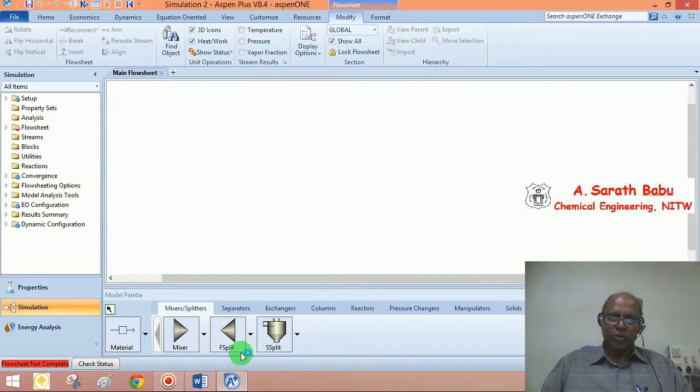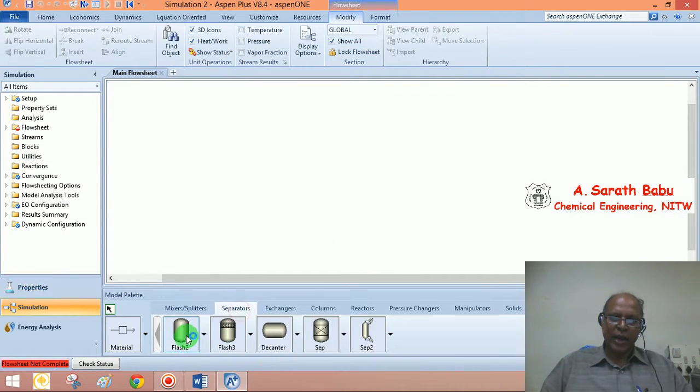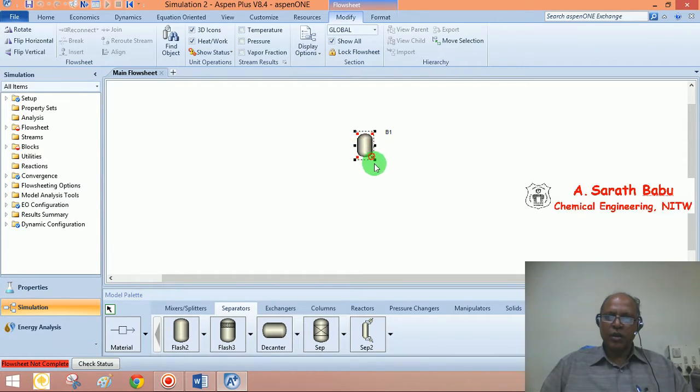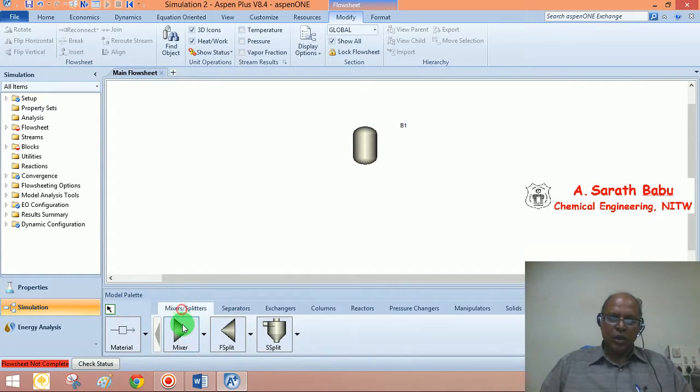Now define the problem. Again, I may have a flash column. The bottom product is going to be split into two parts, and part of that is going to be recycled.